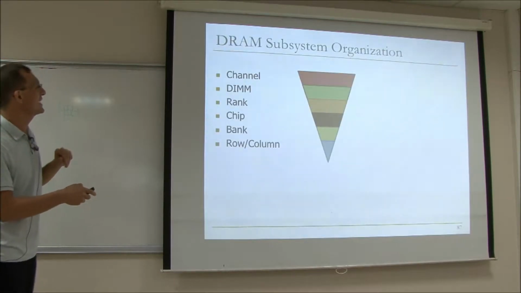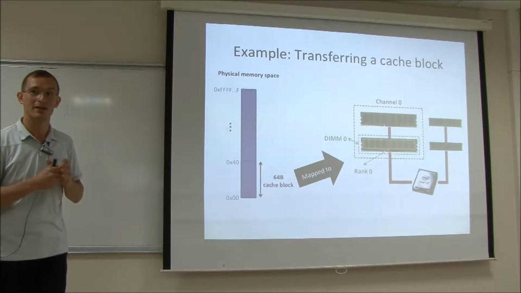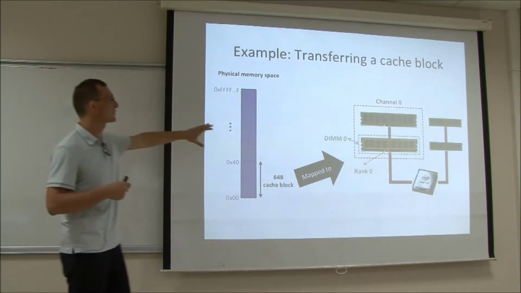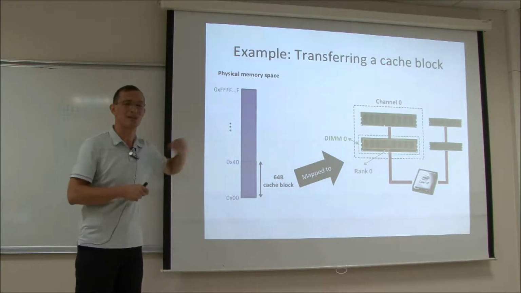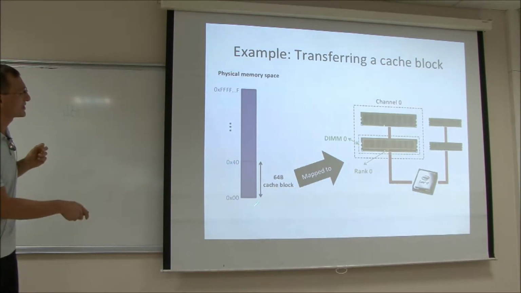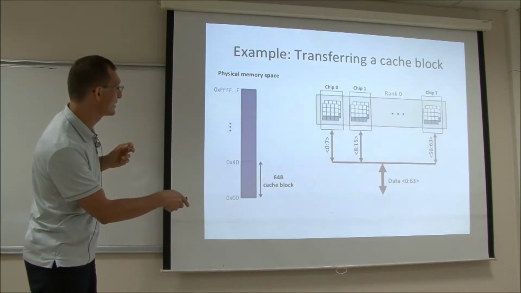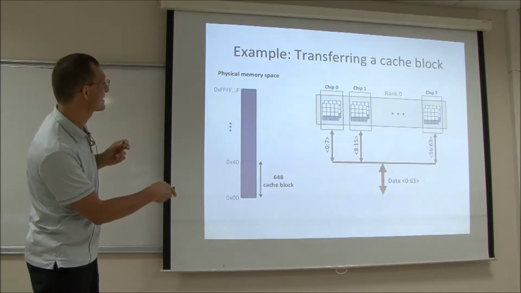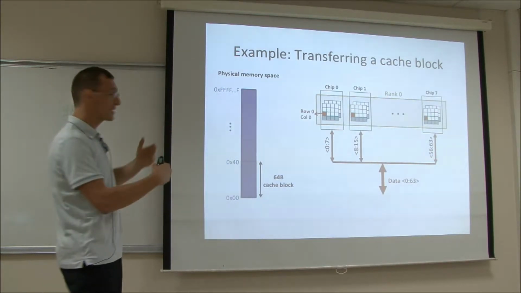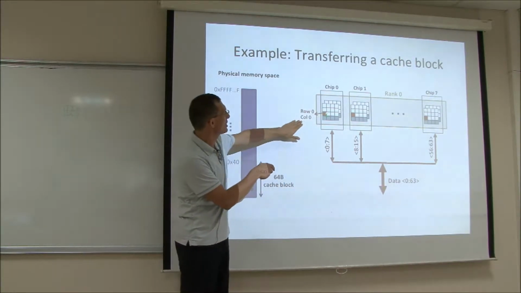So how do you actually transfer a cache block? Let's take a look at that quickly, because this will be useful later when we talk about bulk data transfer. It's going to be very inefficient to do bulk data transfer cache block by cache block. Let's say this is your physical memory space and this is your 64-byte cache block. This is mapped to DIMM 0, rank 0, and within that, it's mapped this way. Each chip provides pieces of the cache block, so this is row 0, column 0.